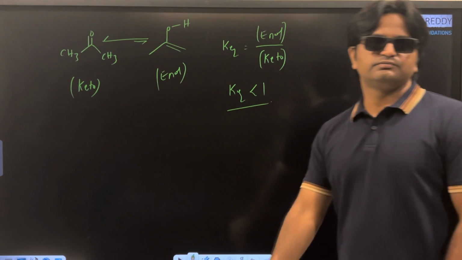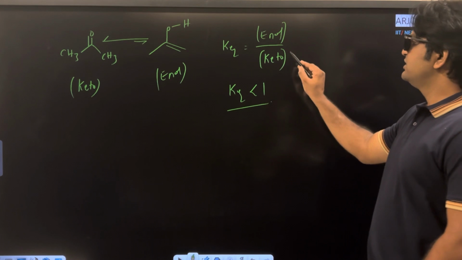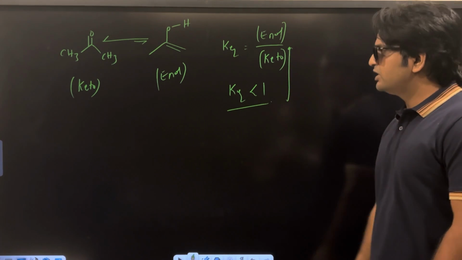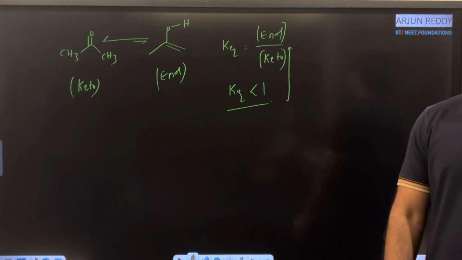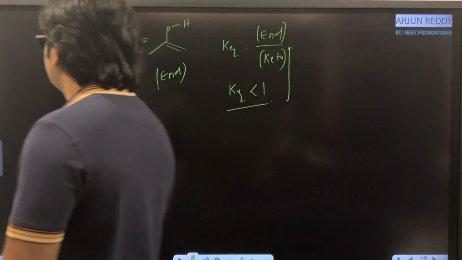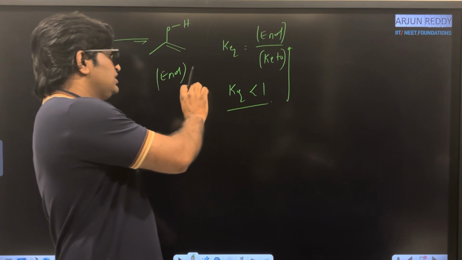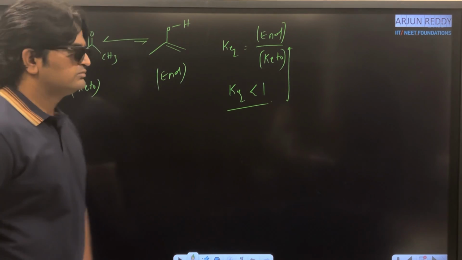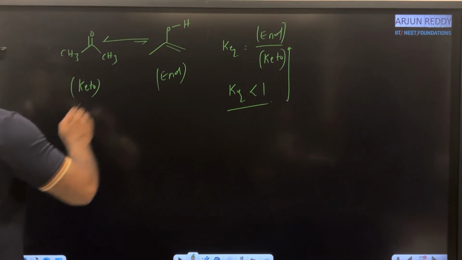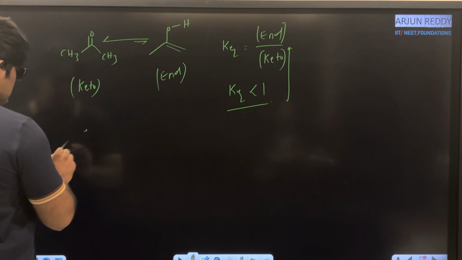Less than 1. Why? Because here the keto form is more than the enol form. Whenever simple ketones and enols are given, your equilibrium constant value is less than 1, especially in the case of acyclic systems.